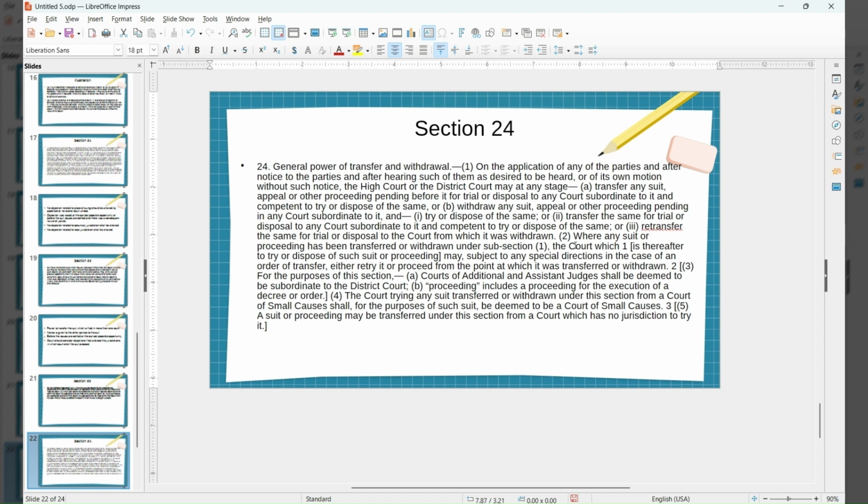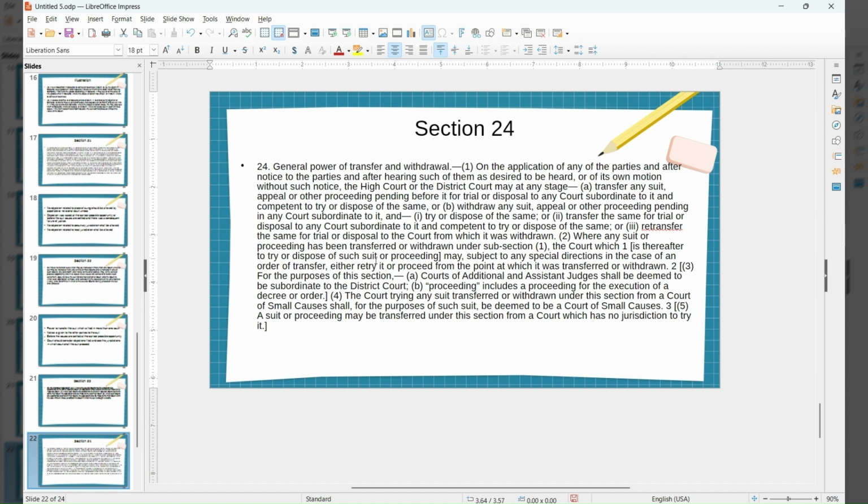the court which is to try or dispose of any suit or proceeding may, subject to any special directions in the case of an order of transfer, either retry it or proceed from the point at which it was transferred or withdrawn. For the purpose of this section, the courts of additional and assistant judges shall be deemed to be subordinate to the district court.